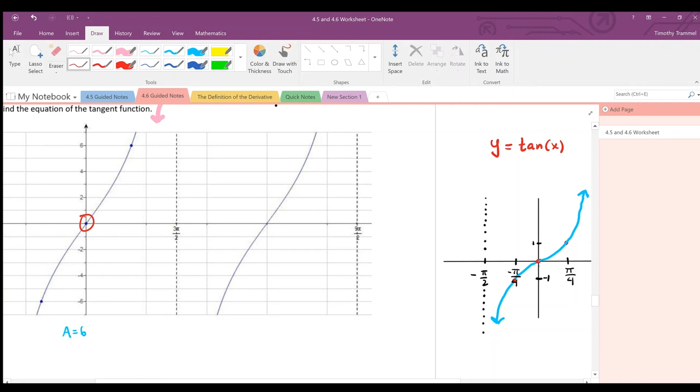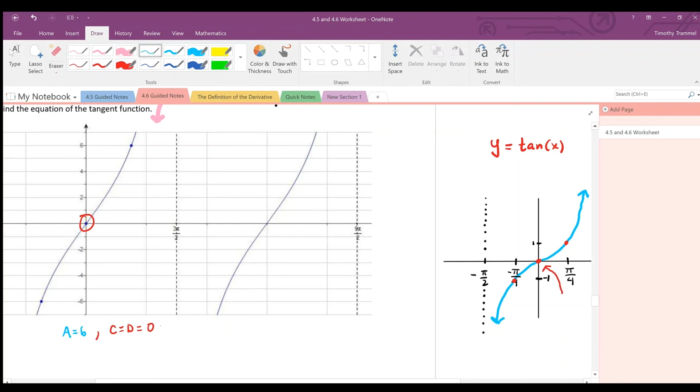And you can see the same thing could be said here. The very center of this shape is at the origin. Okay, we haven't been shifted up, we haven't been shifted down, we haven't been shifted left, we haven't been shifted right. So D here is 0, and actually we can say that C is also 0 because it hasn't been shifted left or right. So I'm going to say actually C equals D equals 0. So there's no, again, no shift left or right or up and down.